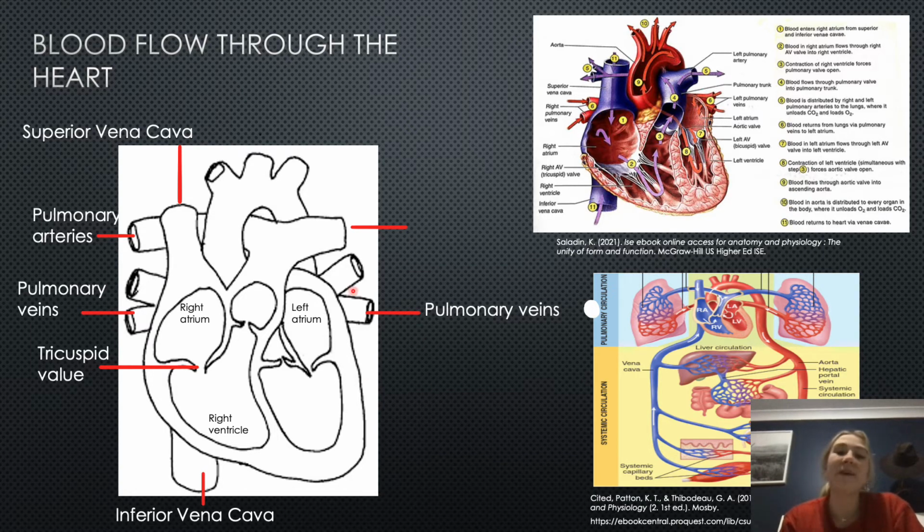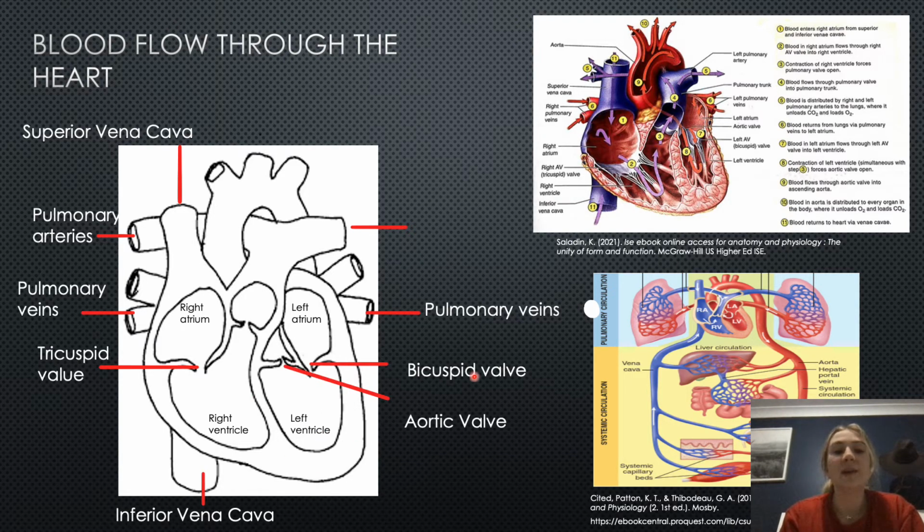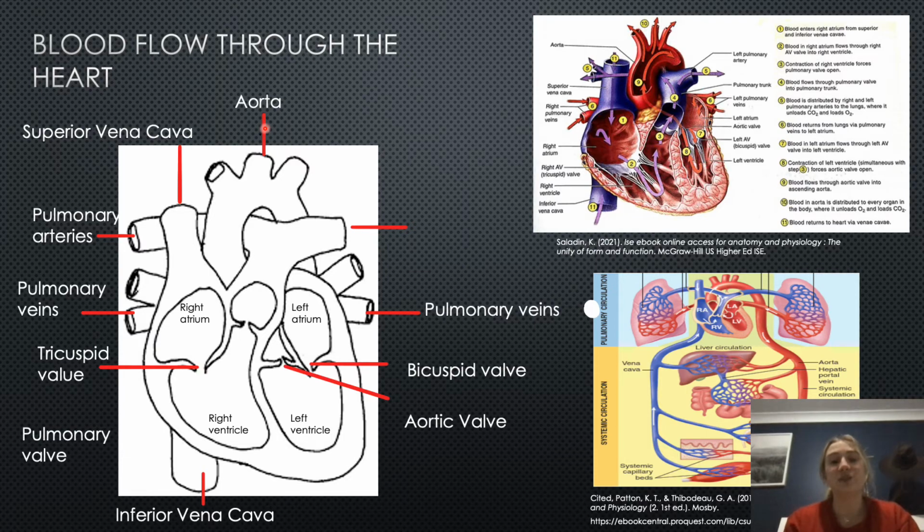The pulmonary veins then send the blood into the left atrium. The left atrium contracts, pushes the oxygenated blood through the bicuspid valve into the left ventricle here. Now this muscular left ventricle forces the oxygenated blood through the aortic valve and through the aorta, which distributes the blood variously throughout the body.